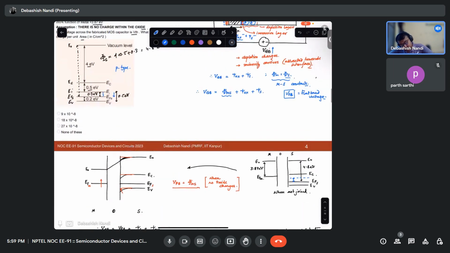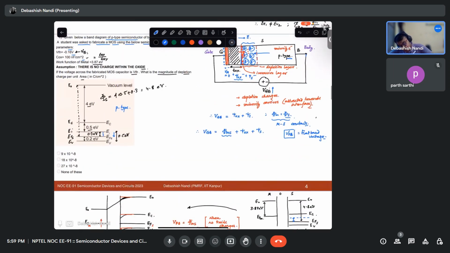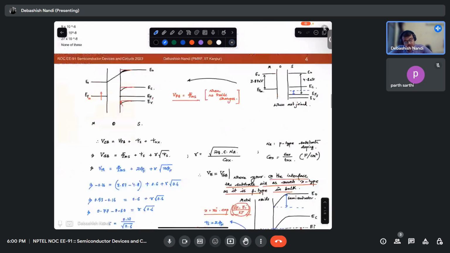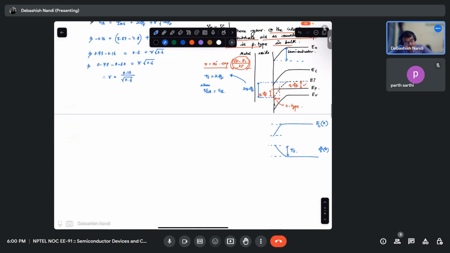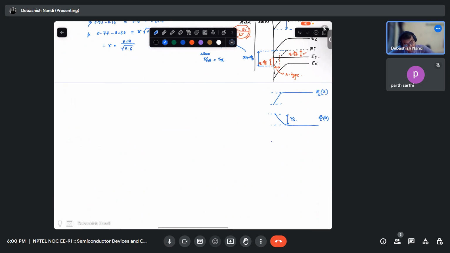So we were asked to find out the depletion charge per unit area, right? So what will be my depletion charge? If this is my psi s, we have seen that this will be my electric field profile. This is the interface. This will be my electric field profile. And from this electric field profile, what can we draw? We can draw the rho.